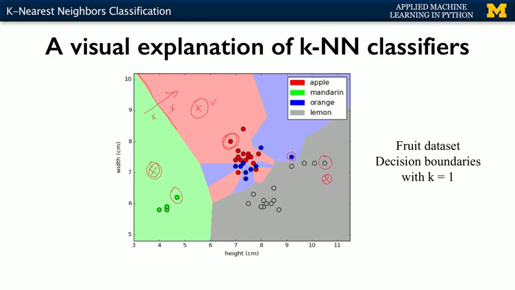We have a point over here that's an orange, another point that's a lemon here, and we can see the decision boundary, because it's based on Euclidean distance and we're weighting points equally, goes exactly at a distance equidistant to these two things. It's exactly halfway between these 2 points, right? Because if it were any closer to this point, it would be mapped to the orange class, and if it were any closer to the lemon instance over here, it would be mapped to the lemon class.